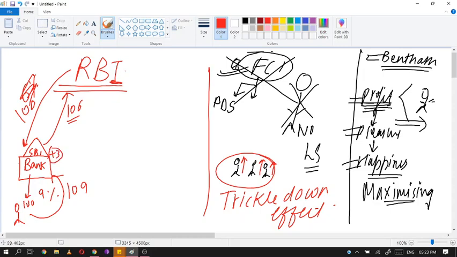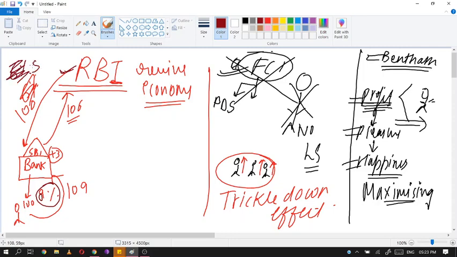Now if RBI wants to revive the economy, let's try to decrease this interest. So what should be the RBI's goal? RBI will say that instead of 6% I will only take 5% from now. So it only has to give 105.